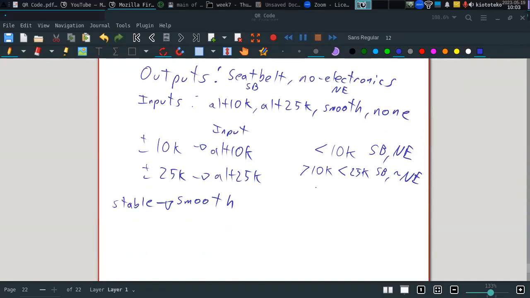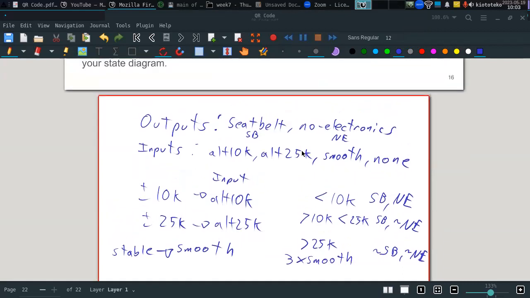And only when the plane is at an altitude higher than 25K and the smooth signal has been asserted for 3 cycles, like you say 3 by smooth, so we have not seatbelt and not electronics. So those are the relationship between inputs, outputs, and whatever conditions we have. No?